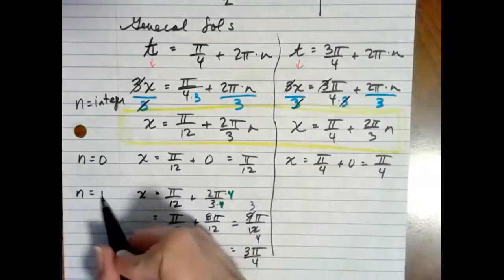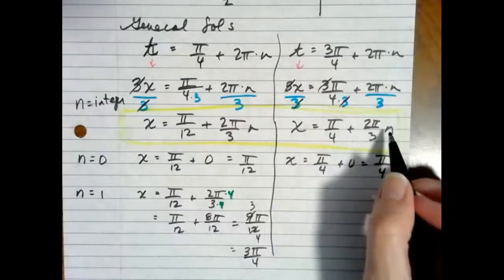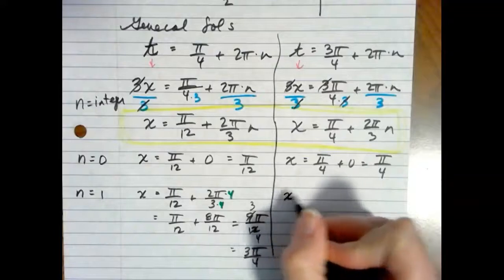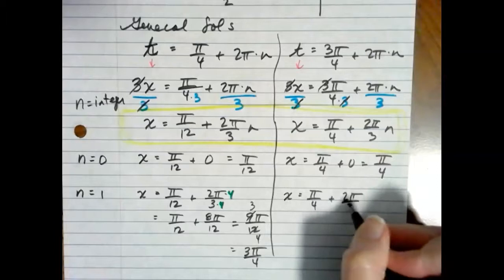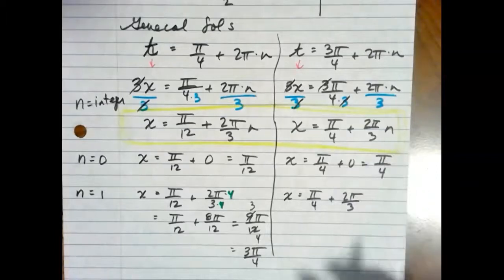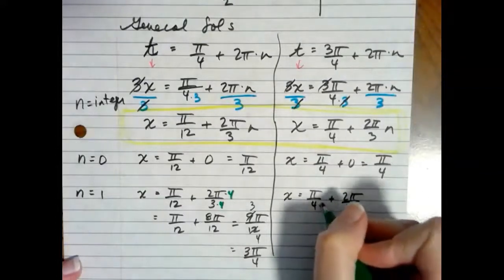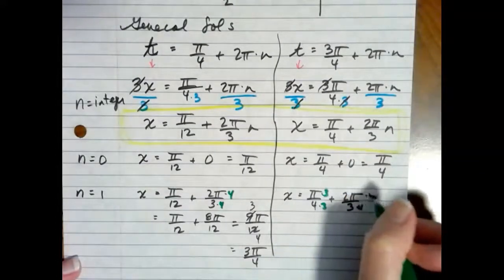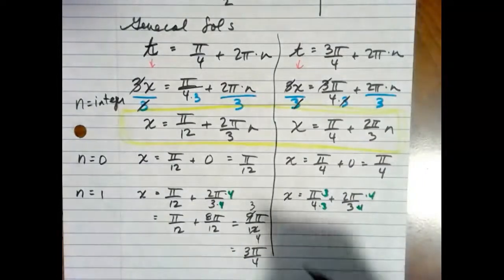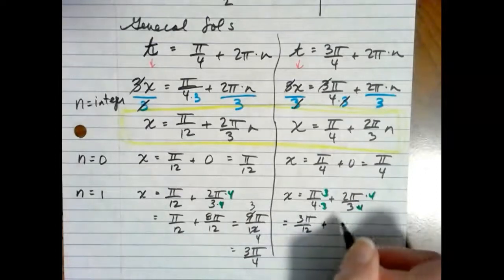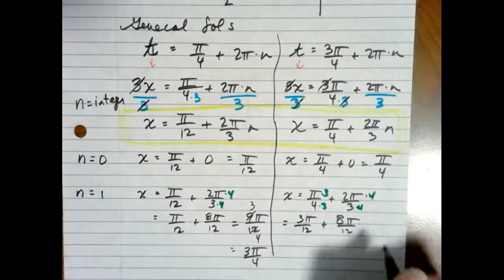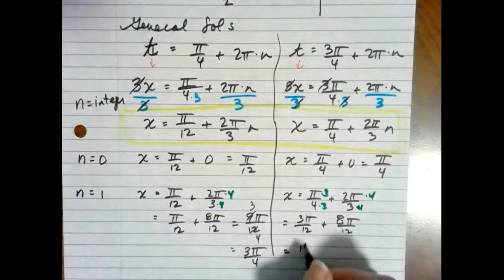Next, plugging in n equals 1 into the second general equation. So x equals pi over 4 plus 2 pi over 3 times 1, which is 2 pi over 3. So we need another common denominator, which of course is going to be 12, times 3 times 3, times 4 times 4. So we have 3 pi over 12 plus 8 pi over 12, that is 11 pi over 12.